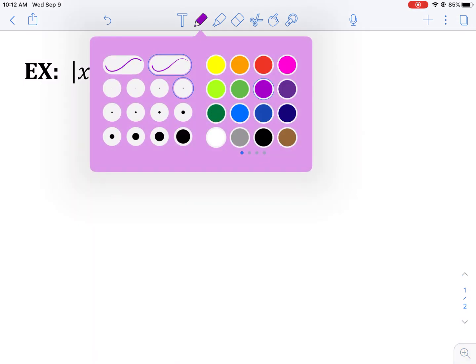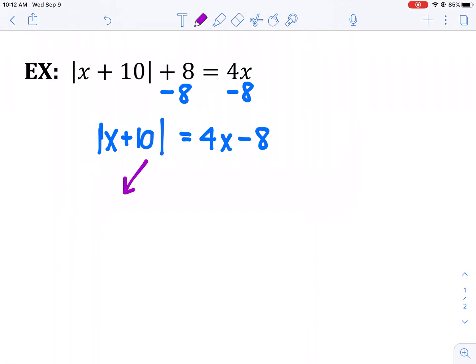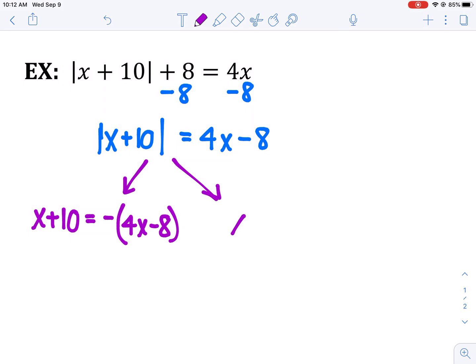Now I can break it out, set what's inside equal to the negative of what's outside, and set the inside equal to the positive of outside. Please notice I put the negative sign in parentheses to know that you have to distribute to both terms.